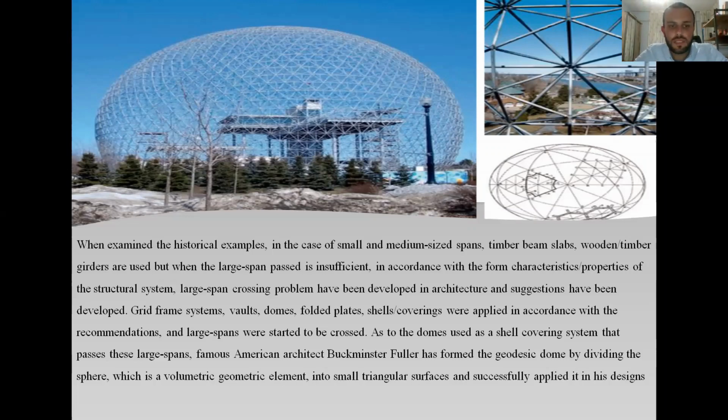When examining the historical examples, in the case of small and medium-sized spans, timber beam slabs and wooden timber girders are used, but when the span passes, in accordance with the form characteristic properties of the structural system, large span crossing problems have been developed in architecture and suggestions have been developed.